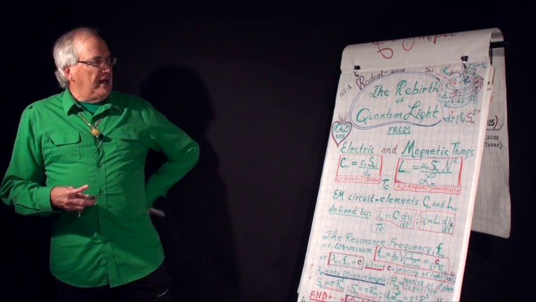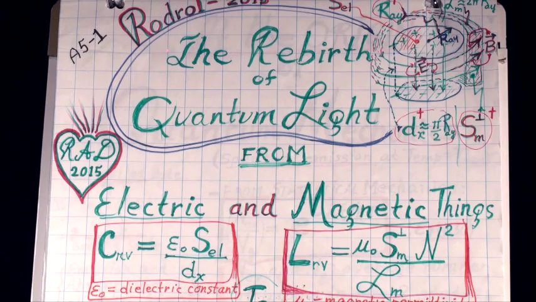Now the first one is what we call the rebirth of quantum light, with a very simple model that I ask you to visualize here. A little metal disc with a radius r, and another disc here, let's say with positive charge here and negative charge here, and a distance, let's say dx, between the plates.